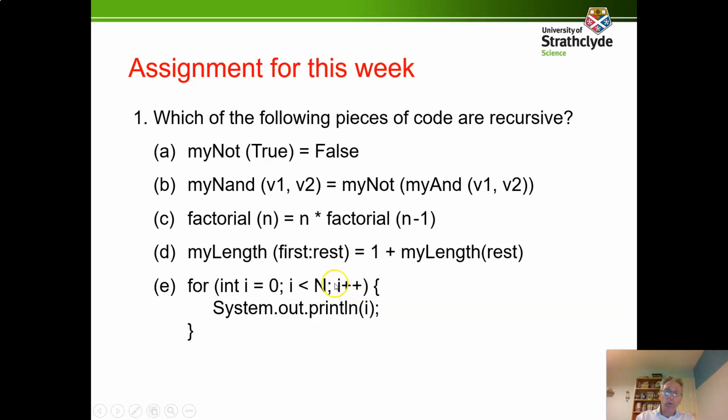And then we add 1 to i each time around the loop. And then we're going to System.out.println i. So that's just going to print out the value of i on the screen from 0 upwards. So this will print out the values of i until we get to the value of i that's 1 less than n. Is that or is that not recursive?